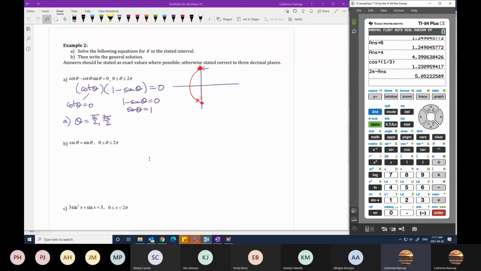Half a revolution? Okay, and half a revolution is measured in radians as? Pi. Pi. And then if I rotate pi again, do you see I keep on getting into those spots? So my general solution would then be pi over 2 plus k pi, where k is an element of the integers.